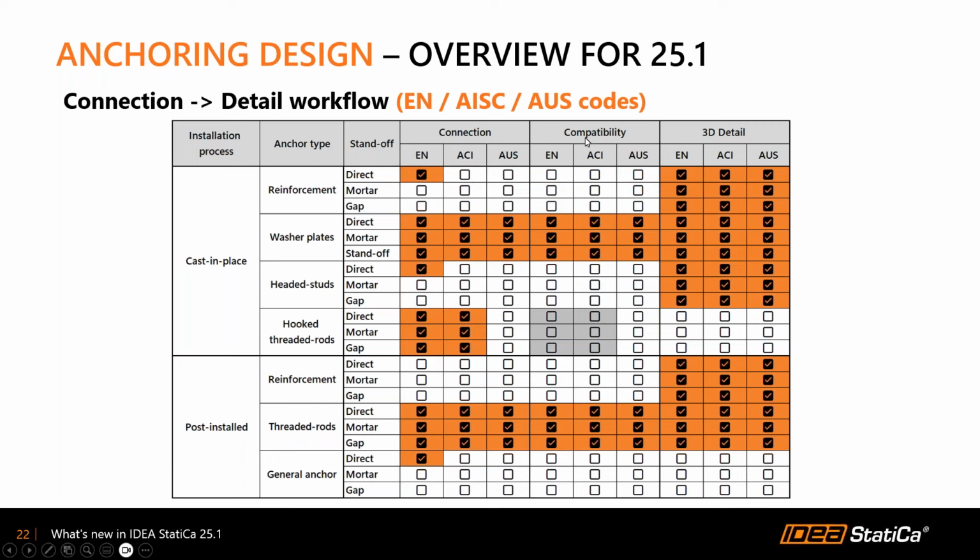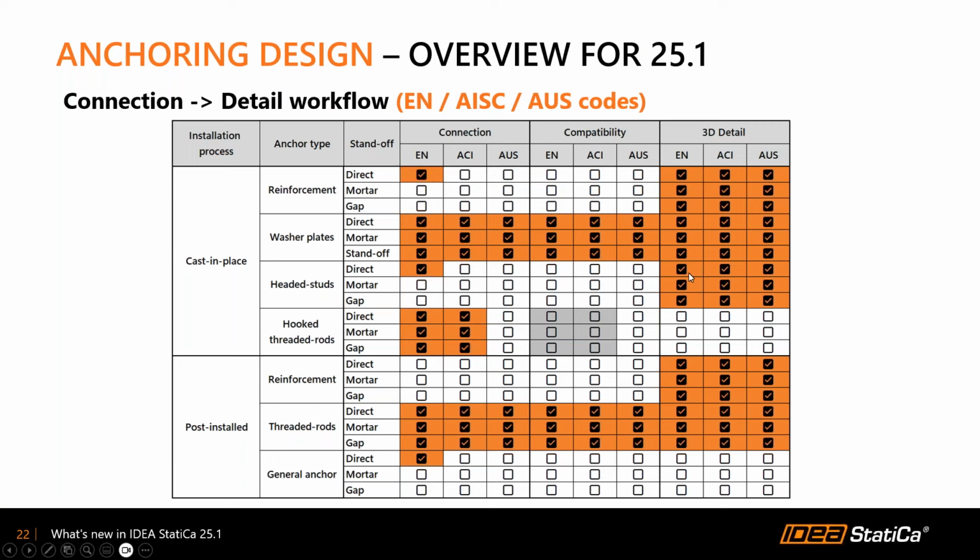The compatibility column means that we are enabling you to export one-to-one what you can see in the connection, and in the 3D detail, the columns supporting Eurocode, ACI and Australian code.